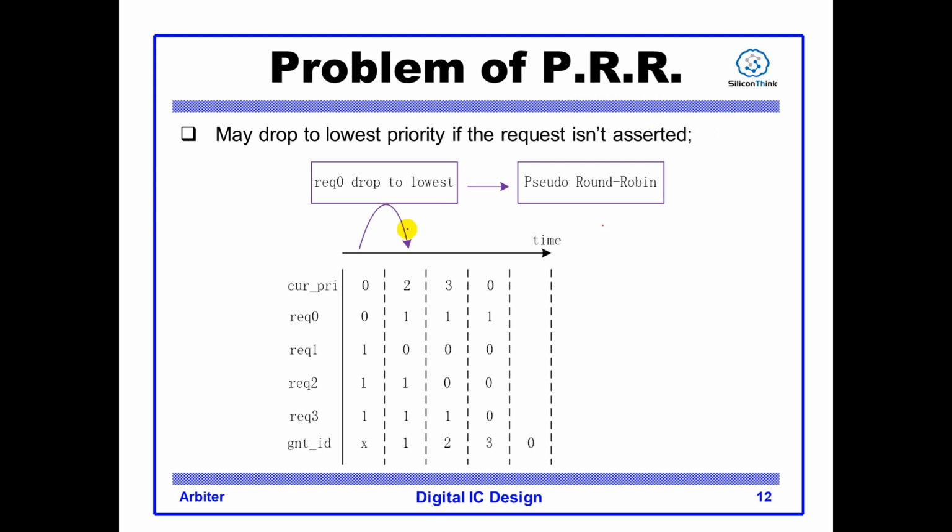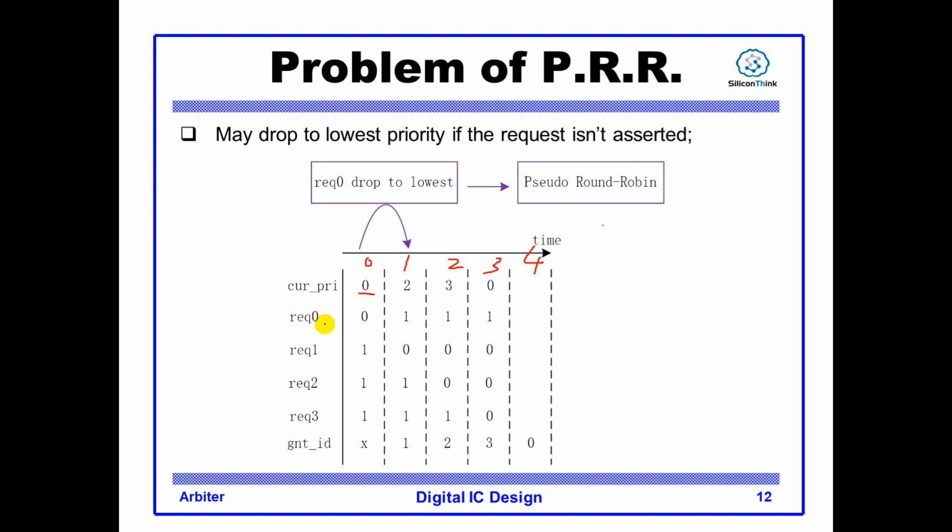So let's check the sequence here. This is time, the time of cycle. So this is cycle 0, cycle 1, 2, 3, 4. Okay, so for cycle 0, the value of the priority register is 0.